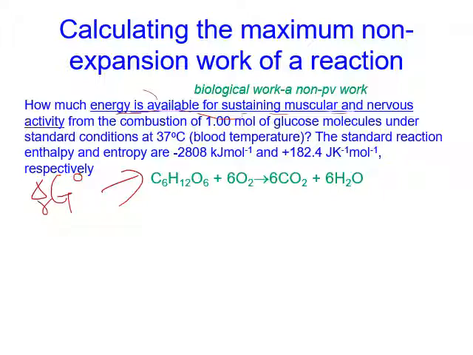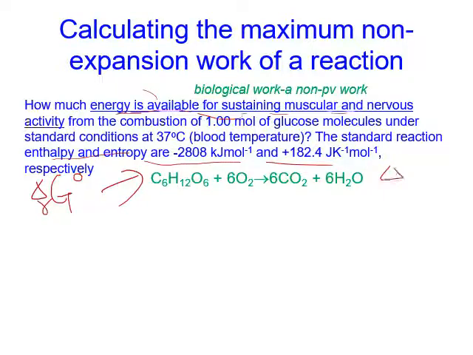We have learned two ways to calculate the standard Gibbs energy of reaction, and we need to know what we are given, what conditions are given. Here the standard reaction enthalpy and entropy are given.